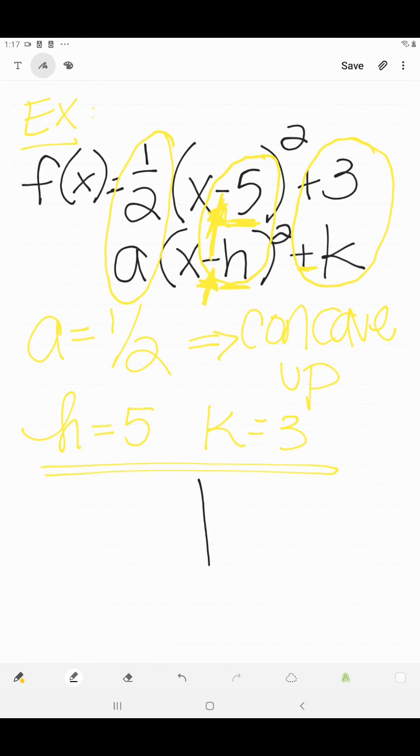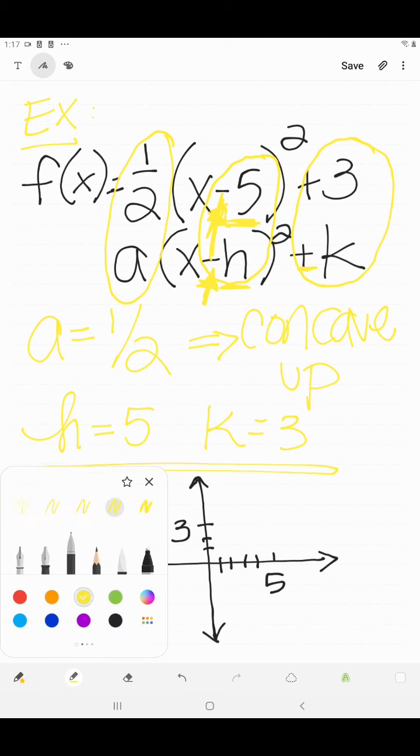So let's go ahead and give ourselves a rough sketch of what this graph is going to look like. It's going to go at positive 5, positive 3, so 1, 2, 3, 4, 5. Positive 3, 1, 2, 3. And that's where we have our first point.